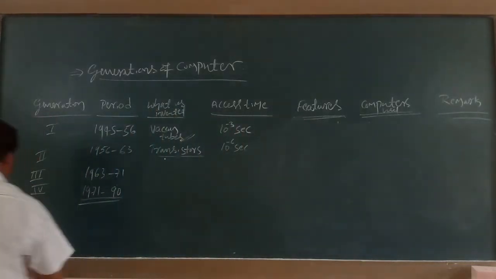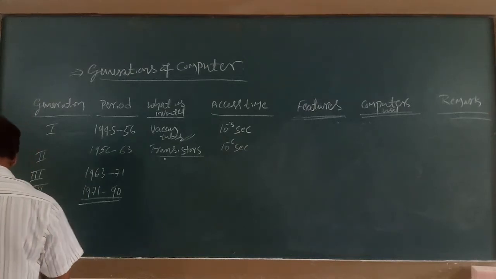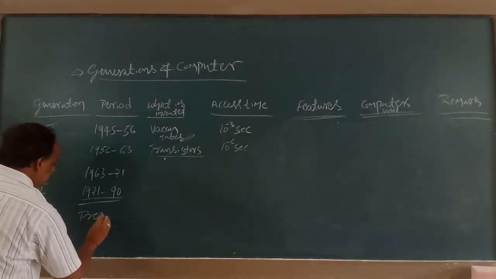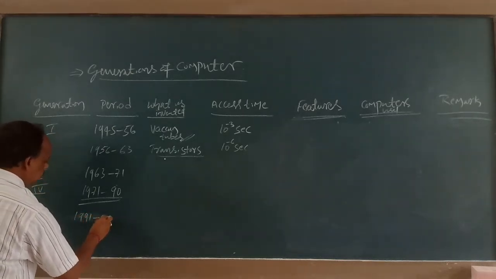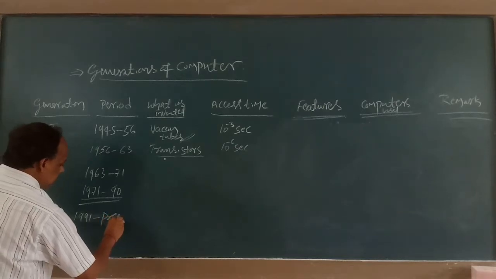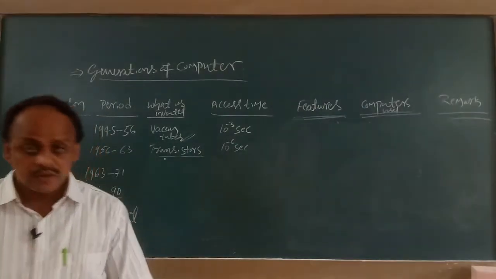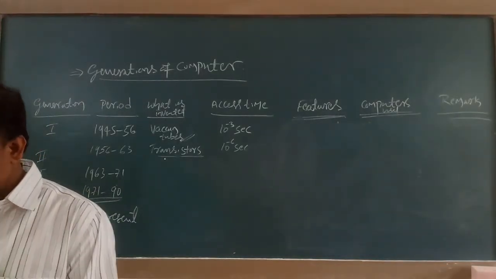Fifth generation of computer means what we can say, 1991 to present, means present what we are using, they are called fifth generation of computer.